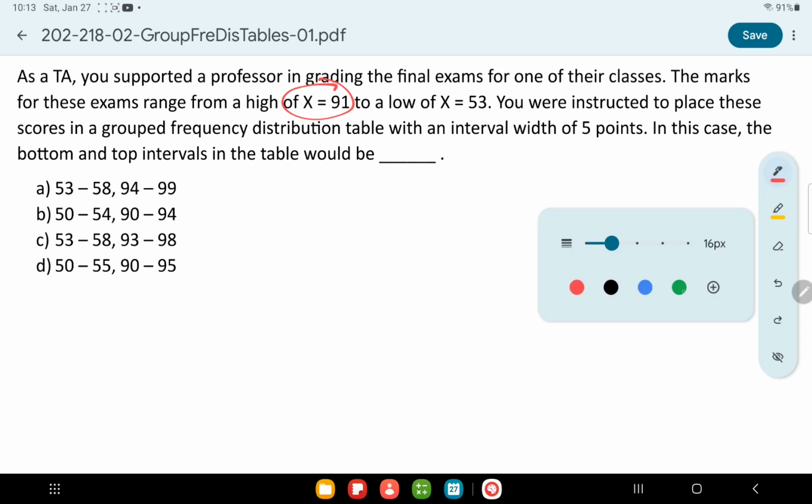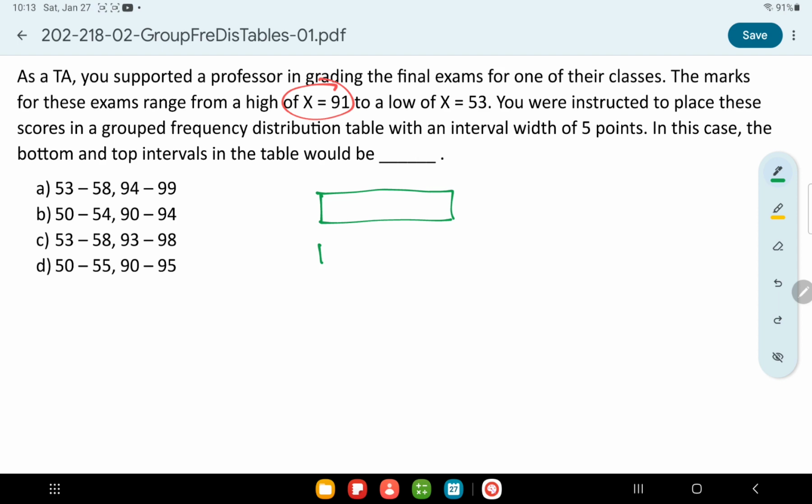Let me just quickly write this down. Assuming that this is an interval, we've got various different intervals, and x number of intervals.